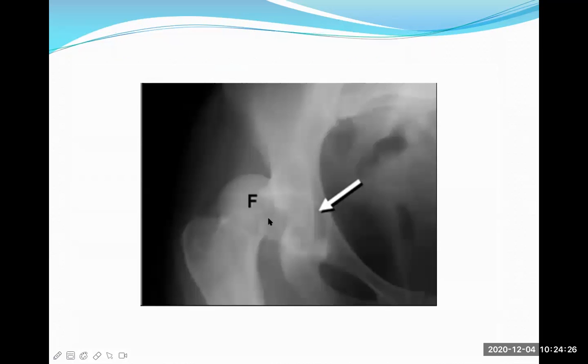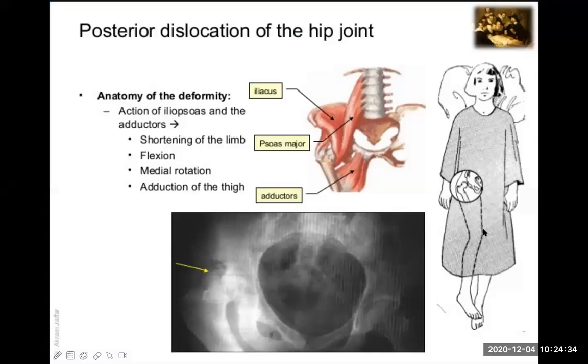This is another picture which is telling us the head of the femur is going backward. This is the acetabulum. Now, this is another picture which is showing the same thing. These are the muscles present in that area. See that?